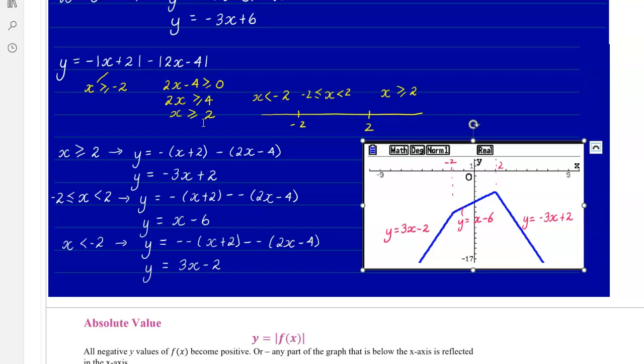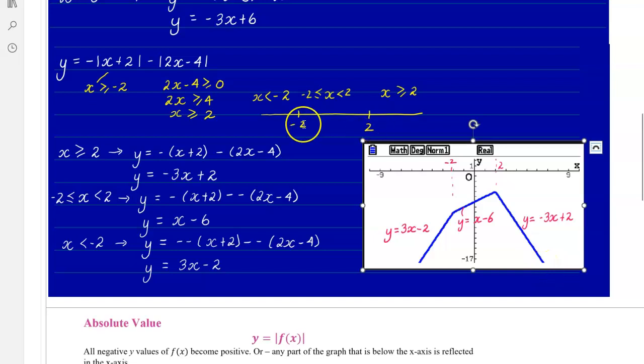When it's greater than or equal to 2, that's always going to be positive, and that's always going to be positive. Agreed? So you're just removing the modulus and then away you go. And that's how you get your first function.